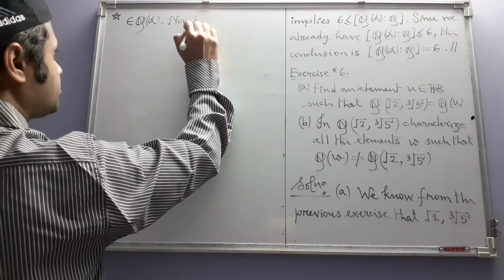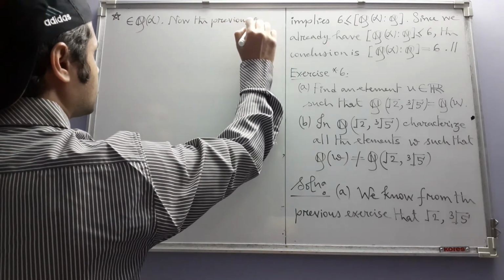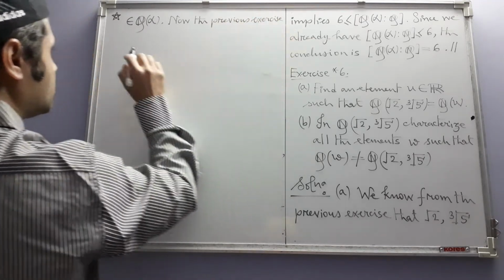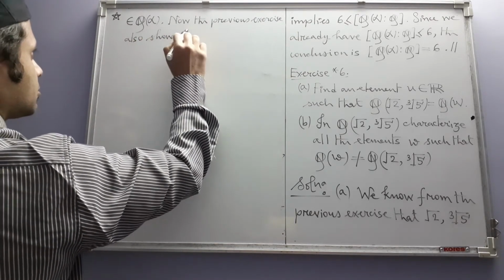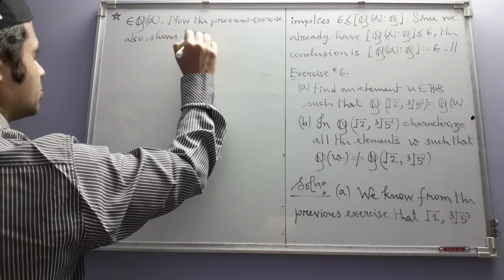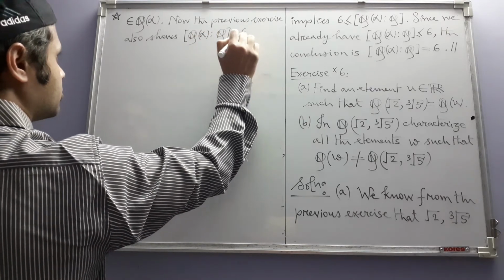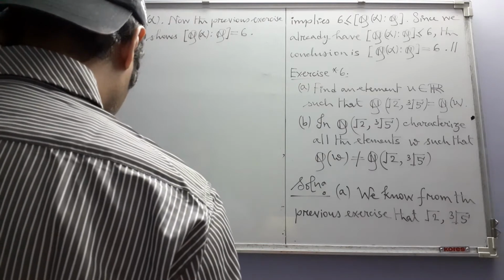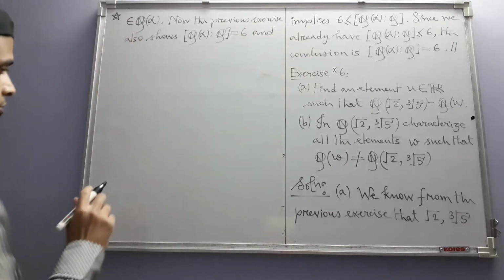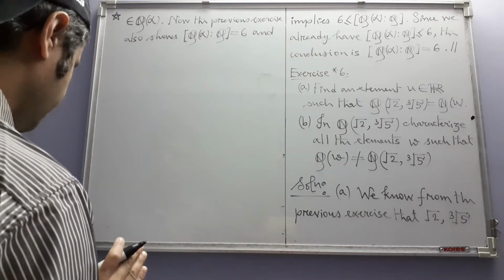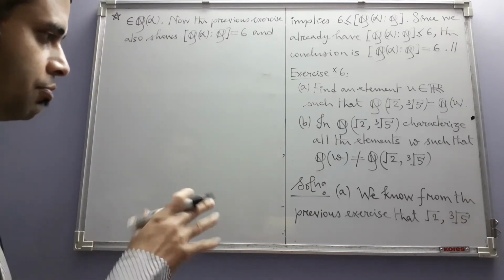Now the previous exercise also shows that the degree of this extension Q alpha over Q is equal to 6, and okay, so at this point we have to take the help of exercise 8, which we haven't seen yet.